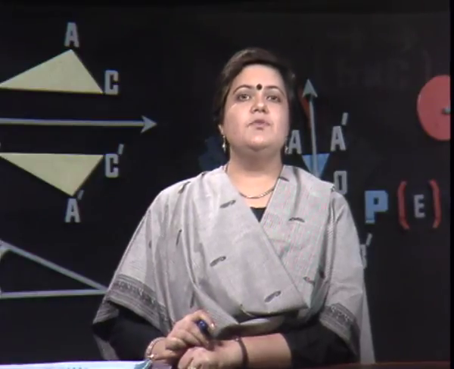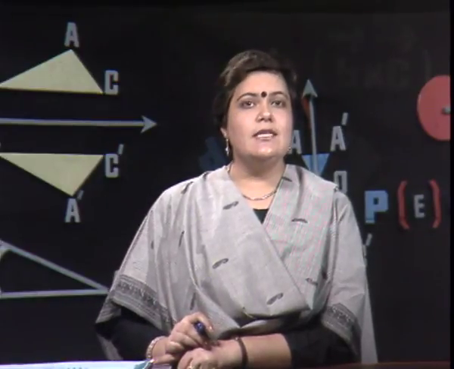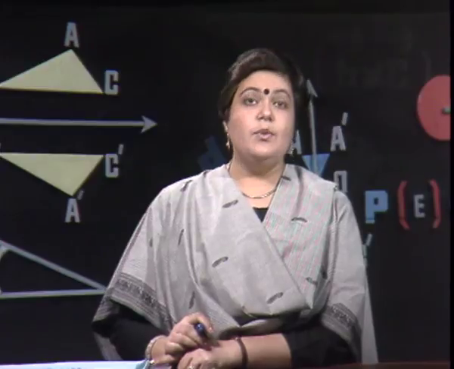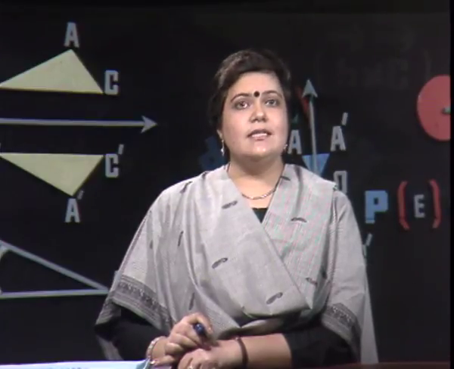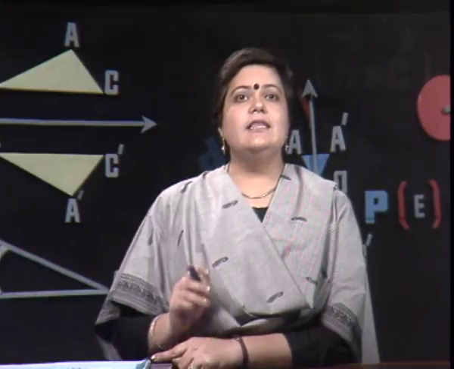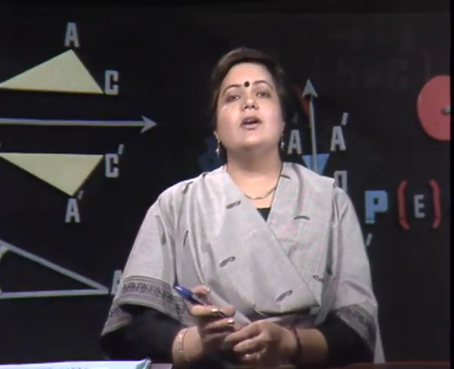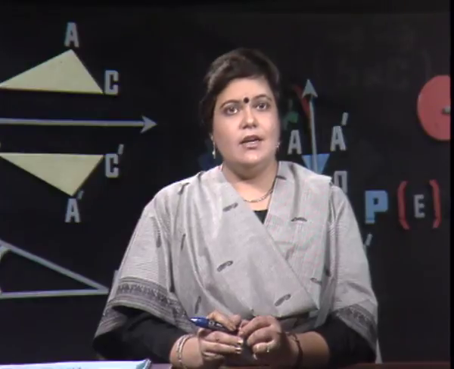This is the technique which we call slicing and summing. We discussed it in great detail in our first lesson, and concluded there that this is exactly how the concept of definite integral evolved.